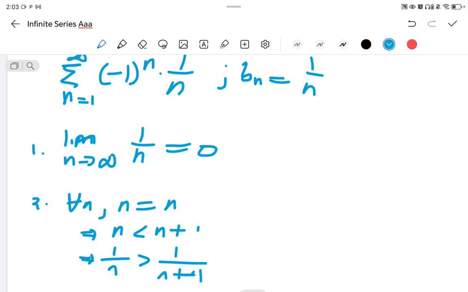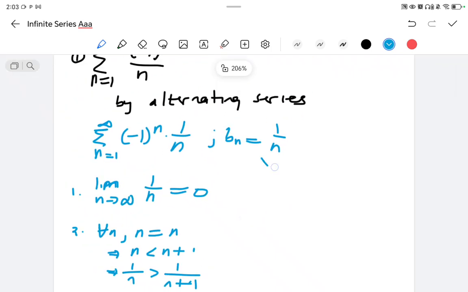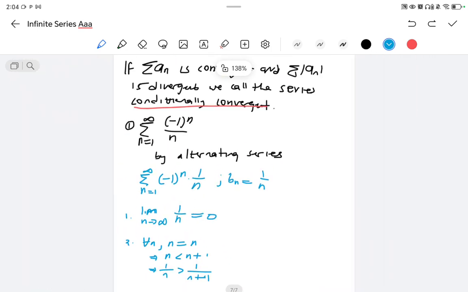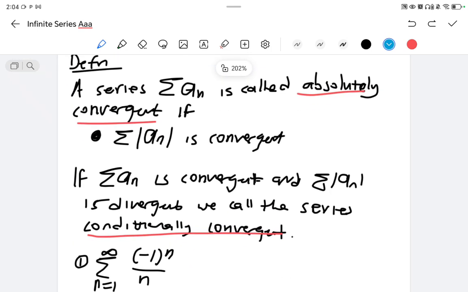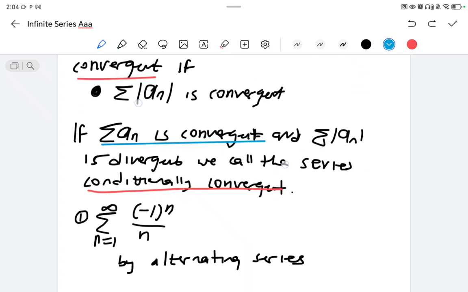You agree? But also, if we check this one, by harmonic series, it would diverge. Do you agree with me? Now let's do this. The series first converges, and what does the rule say for conditional? It says that if this series is convergent, now let's check the absolute value.